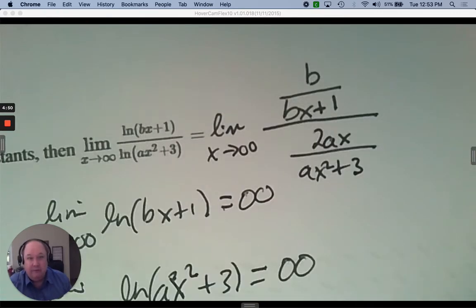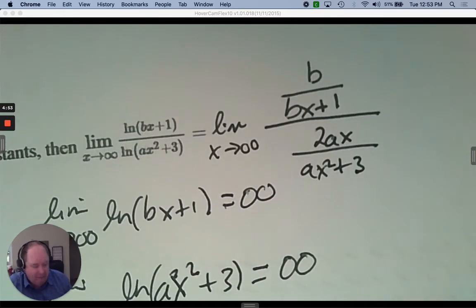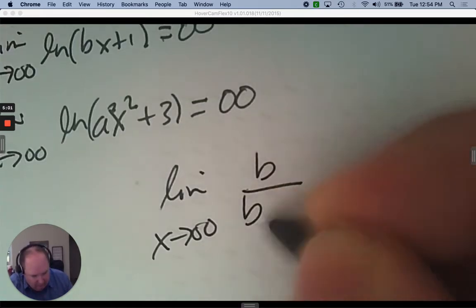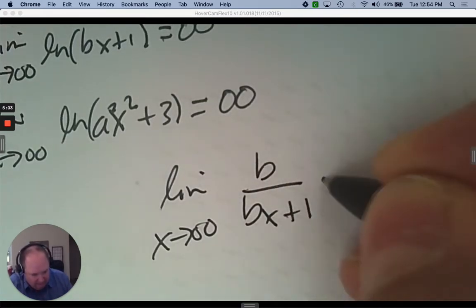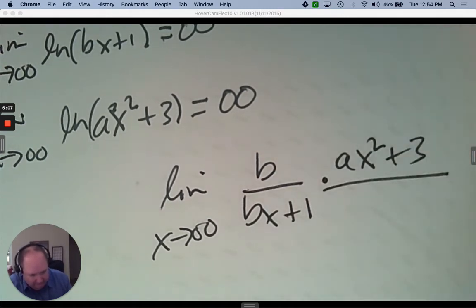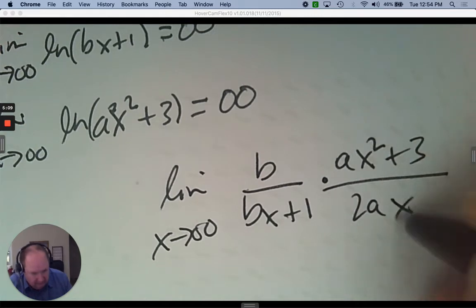That's the derivative. All right. And then we're going to make that look proper by multiplying times the reciprocal. So you have b over bx plus 1 times ax squared plus 3 over 2ax.